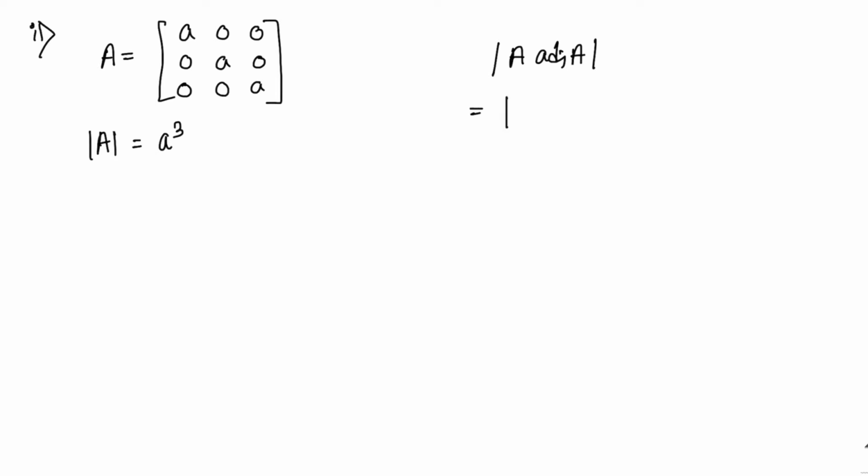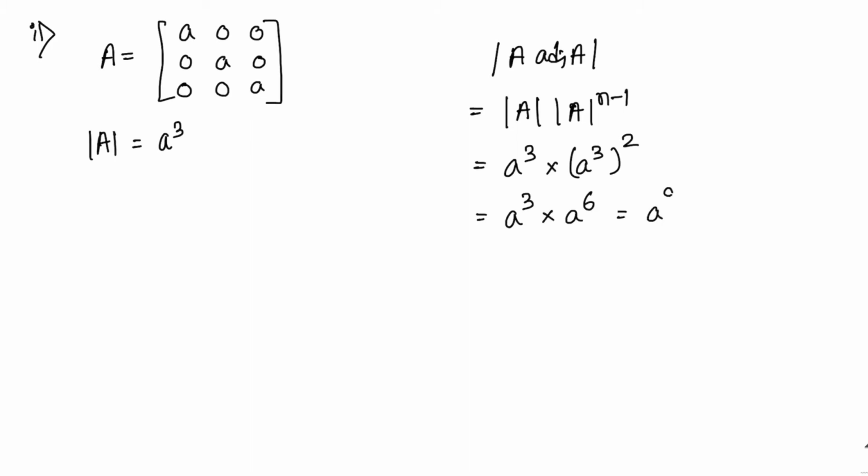Then det adjoint A will be det A to the power n minus 1, so a cube into a cube to the power 3 minus 1, which is 2. So a to the power 3 and a to the power 6, so that equals a to the power 9, your final answer.